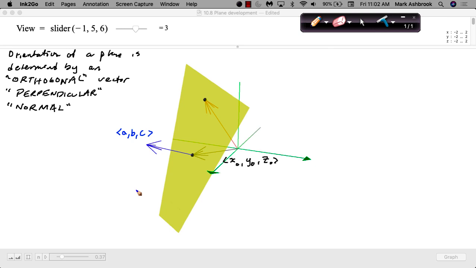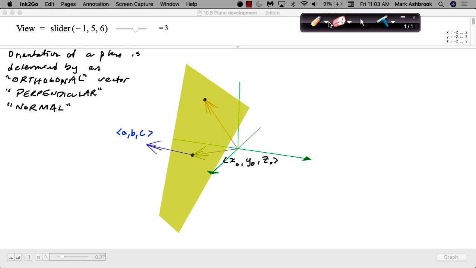But the ABC for a plane is in what direction relative to the plane? Perpendicular, orthogonal, normal. There are lots of problems that involve both a line and a plane, so if you're using the same symbols ABC, you have to keep it straight. If that ABC is for a line, it's parallel to the line, pointing in the direction of the line. If that ABC is for your plane, that vector is orthogonal to the plane. Okay?